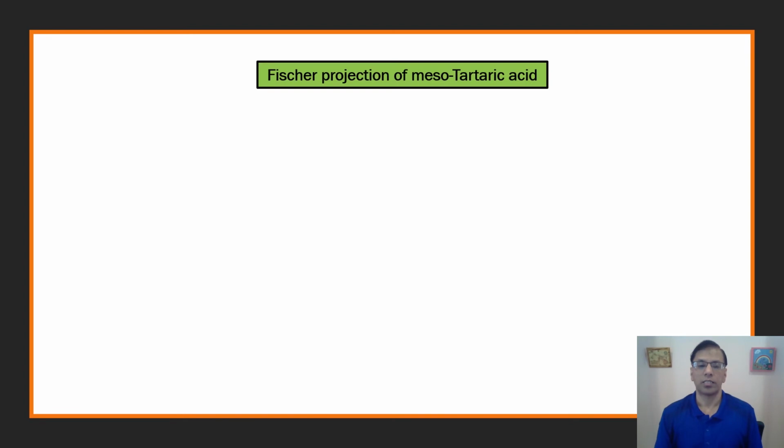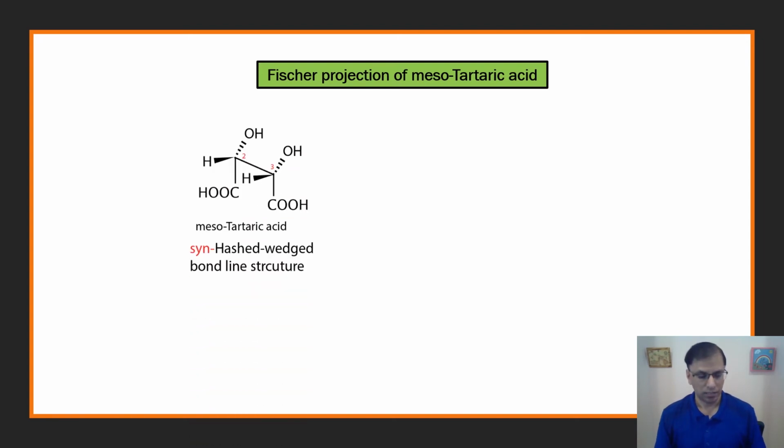So let's look at the Fischer projection of meso-tartaric acid. In this case, this is a hash-wedged bond line structure. It's called syn because the two carboxyl groups are aligned, the angle between the two carboxyl groups is 0 degrees. That is, all the substituents are aligned perfectly.